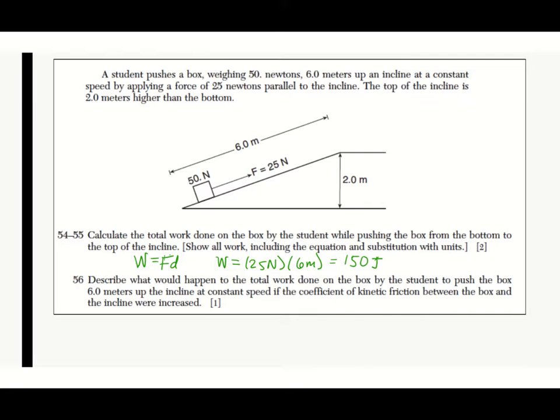Number 56, describe what would happen to the total work done up the incline if the coefficient of kinetic friction between the box and the incline were increased. So the coefficient of kinetic friction plays a role in the frictional force.